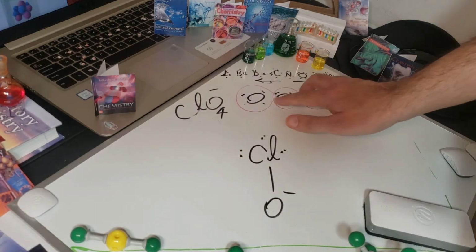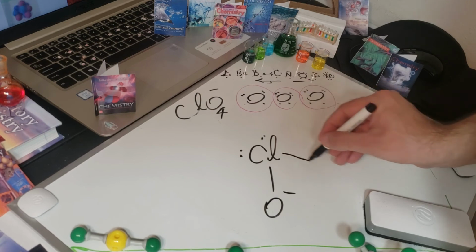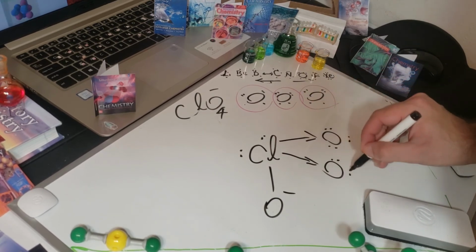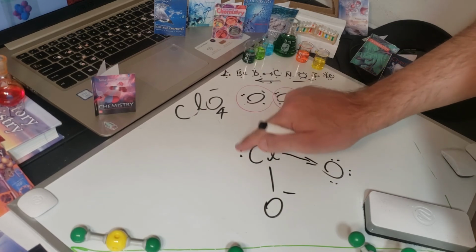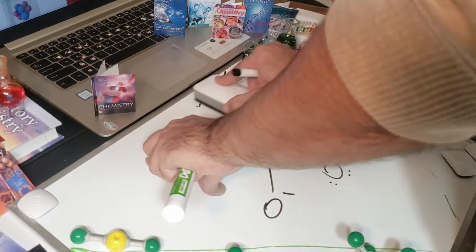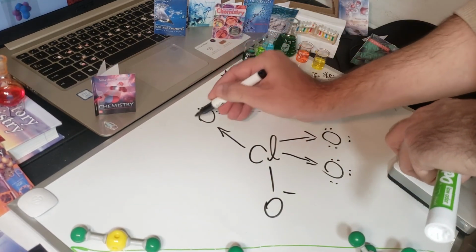All of them are going to pair their single reacting electrons and receive a dative bond each, from the first lone pair, second lone pair and third lone pair, to a fourth oxygen, ClO4 minus.